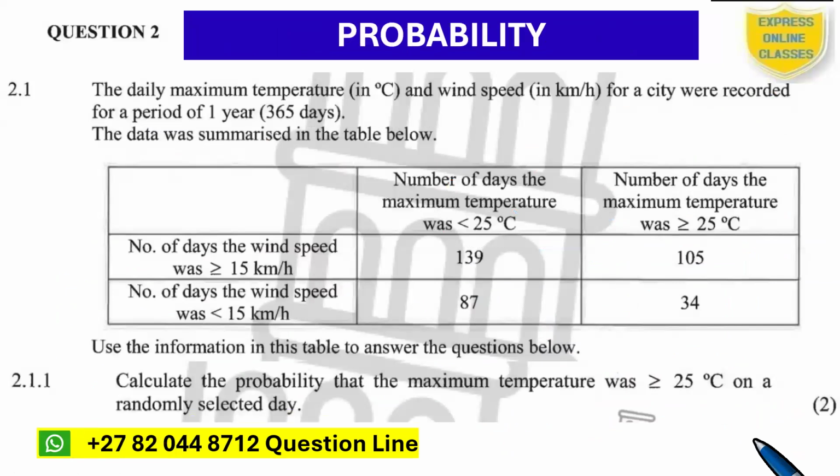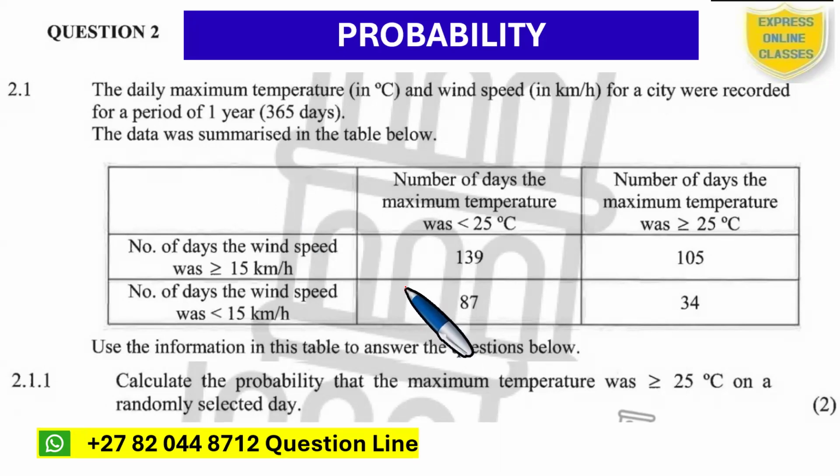Right, next we're looking at probability. The daily maximum temperature in degrees Celsius and wind speed in kilometers per hour for a city were recorded for a period of 1 year, 365 days. The data was summarized in the table below.